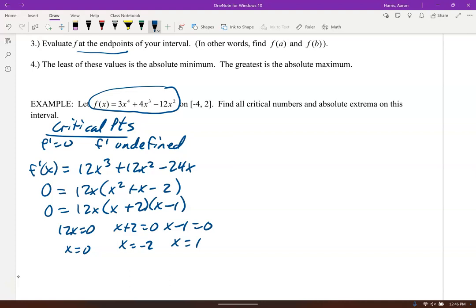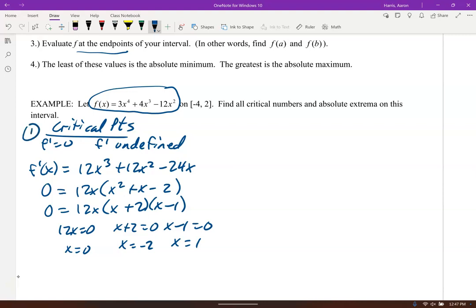The derivative would be undefined if I ended up getting a derivative like this and said, oh, the derivative is undefined at -3. That would be an example of where the derivative is undefined. So for this one, the only critical points are 0, -2, and 1. And so that's our step 1.